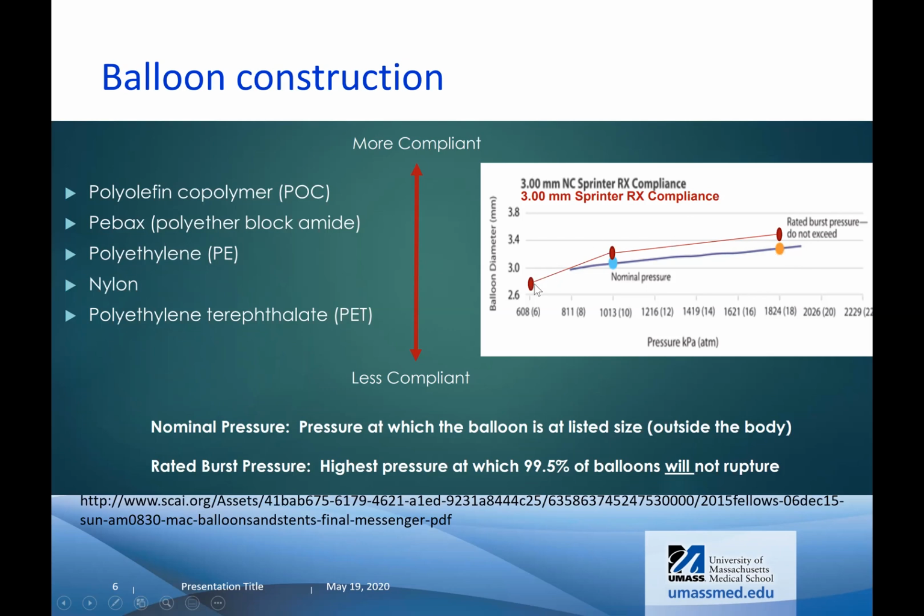Okay. So we use compliant balloons usually for pre-dilation when we are dilating stenosis, because this also gives us an idea if the stenosis is not going to open. If it's not going to open, this means it is stiff or there is calcium. So we might need to do rotablation or some form of atherectomy.